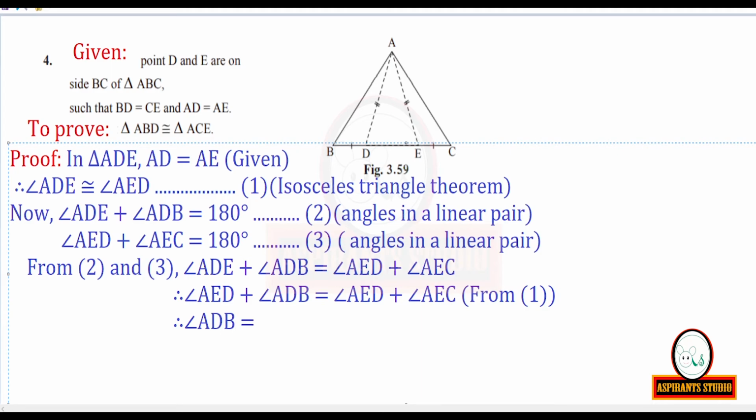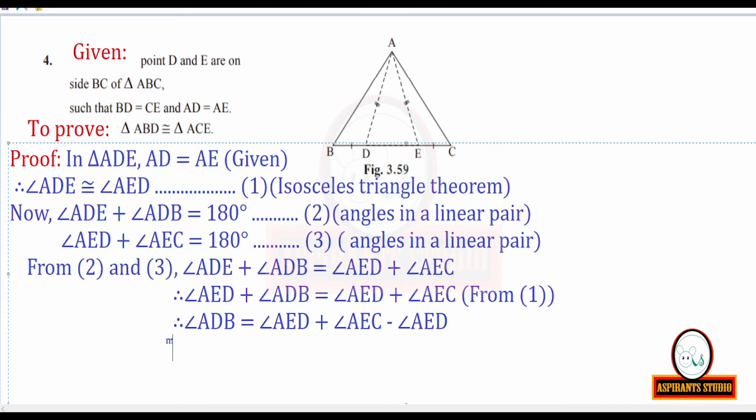Now on the left hand side, you have measure of angle AED, take it to the right hand side. In the right hand side, we already have measure of angle AED plus measure of angle AEC, right, as it is. Then take this measure of angle AED from the left hand side to the right hand side. Plus becomes minus, so it is minus measure of angle AED. Now look at the right hand side. You have angle AED plus angle AEC minus angle AED.